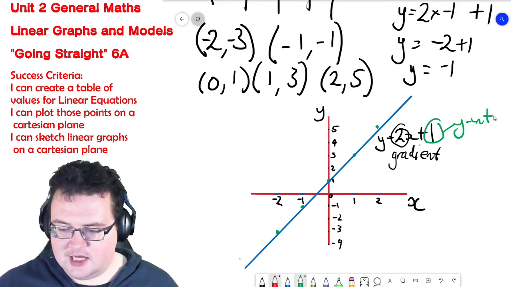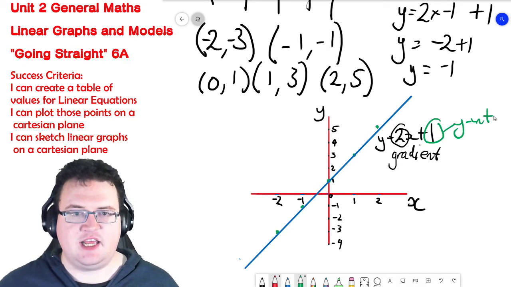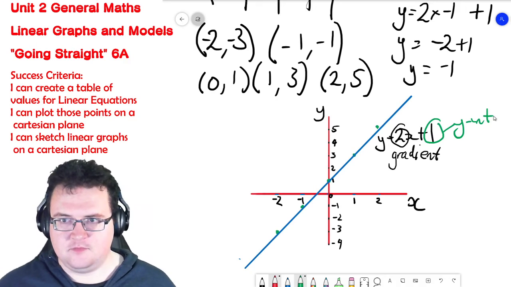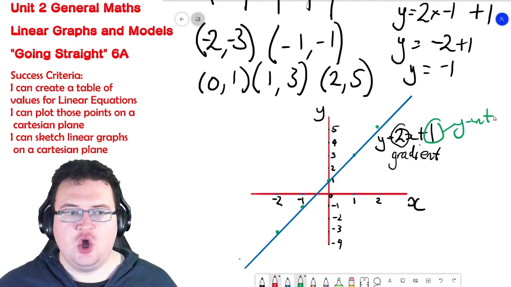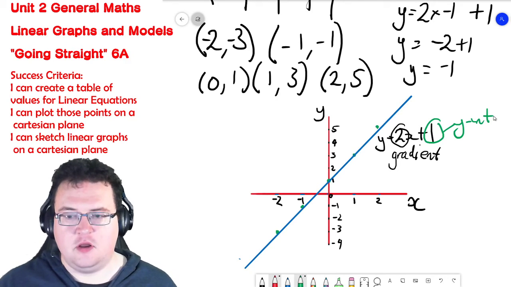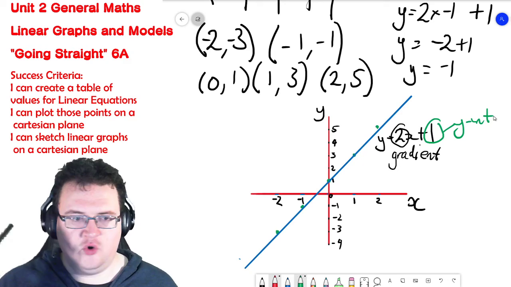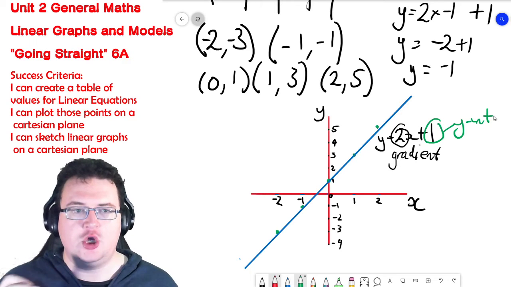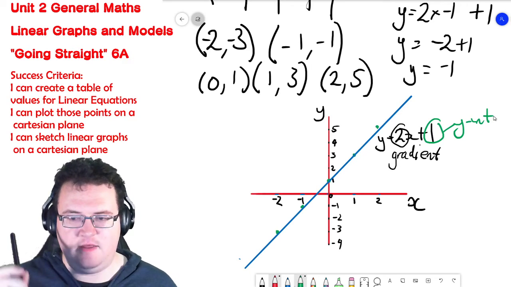What you're going to be asked to do is complete these in your workbooks or on a sheet of paper. You will then need to either photograph or scan them and upload those to Compass. There is a learning task set up entitled 20th of August exercise 6A. Put your scans in there.